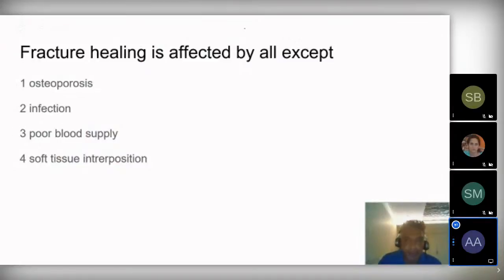Fracture healing is affected. This is again one more interesting question I picked up. Fracture healing is affected by all except, yeah, anybody? See, poor blood supply, yes. In the lower end of the tibia there's poor blood supply because it is not covered by muscle, so fracture delayed union.